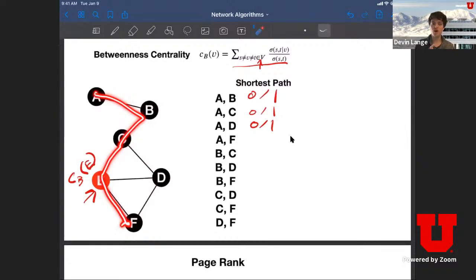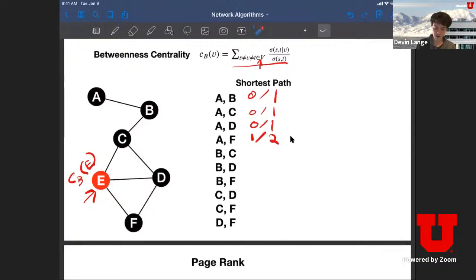So there are actually two options here that have the same distance. You saw here, this one does cross through E. So that is 1 for our numerator, and there are 2 total. So we get a 1 over 2 here.